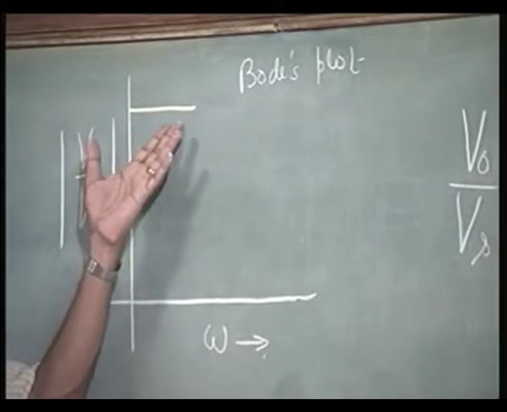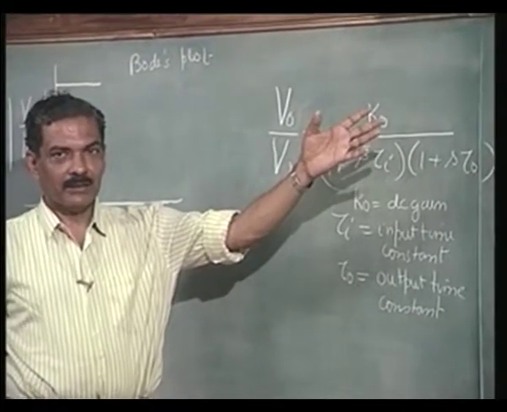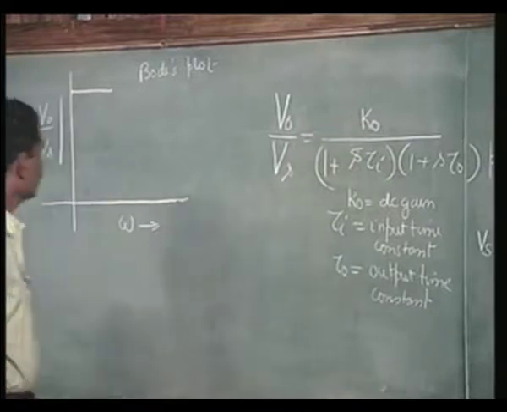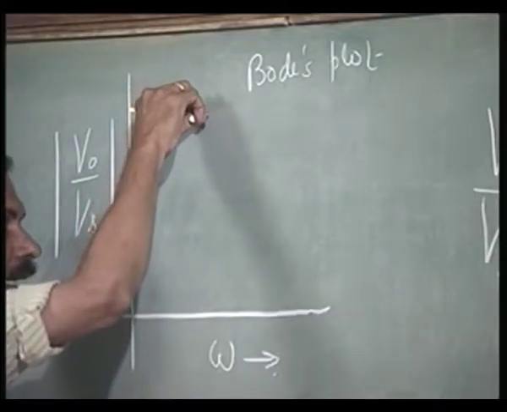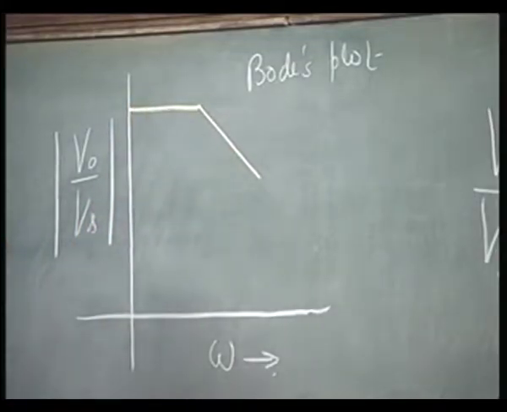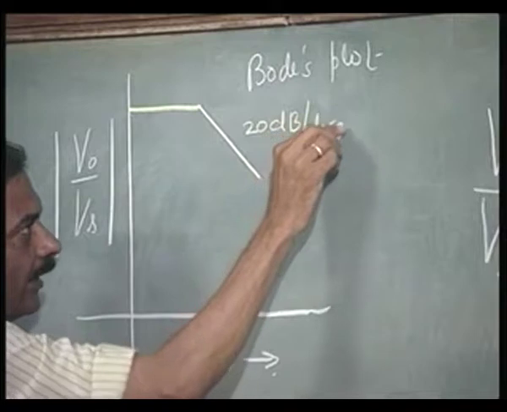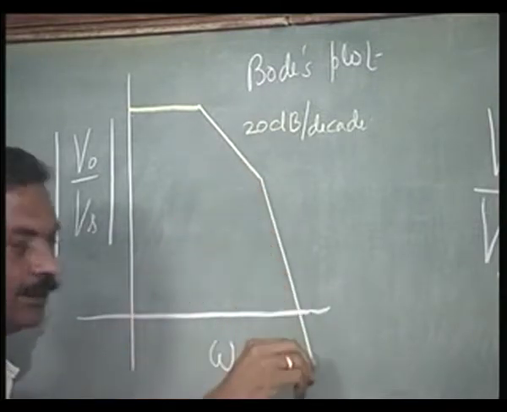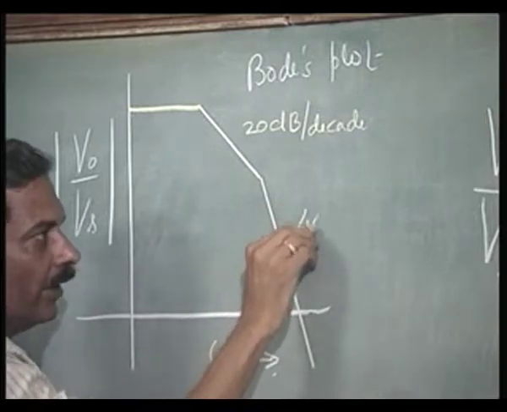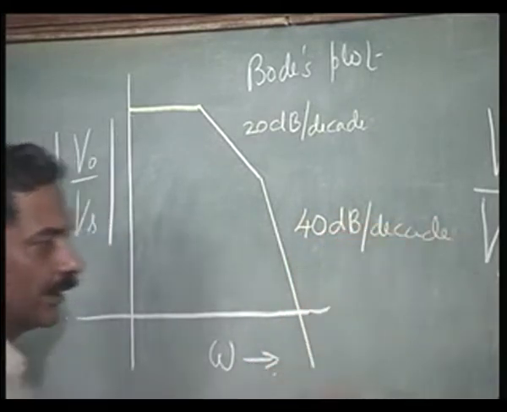K naught is independent of frequency at low frequencies. At frequencies much lower than 1 over tau I and 1 over tau naught, the gain is constant equal to K naught, and then it will decrease at, we have discussed this, 20 decibels per decade, and then the next time constant will bring about 40 decibels per decade attenuation. All these things we have understood.